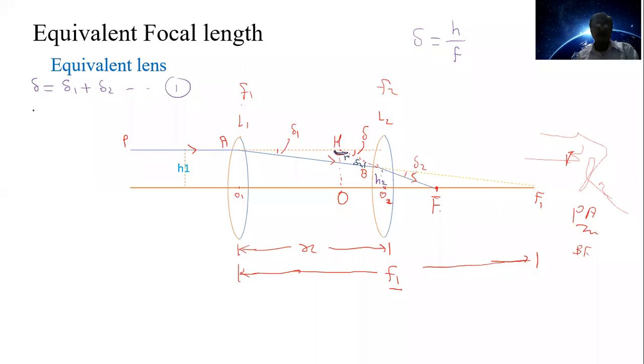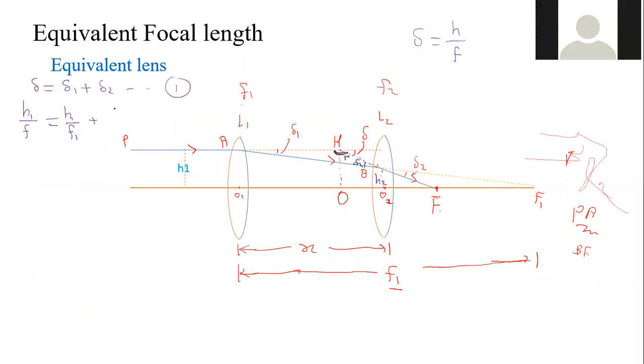The incident ray is at a height h1 and therefore we write here delta is equal to h1 upon f. F is the equivalent focal length. What can we write for delta 1? Delta 1 is h1 upon f1 plus delta 2 is h2 upon f2.